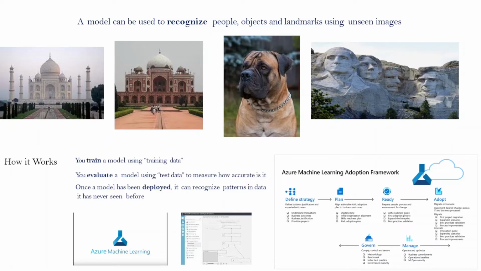What is your strategy for creating a model? Then you have to plan, get ready, then adopt, manage, and of course, in the last you need to govern. We will go through all this in detail in a later part of this course. For the time being, I'm just giving an overall introduction, restricting myself to the definition, understanding and difference of AI and ML.